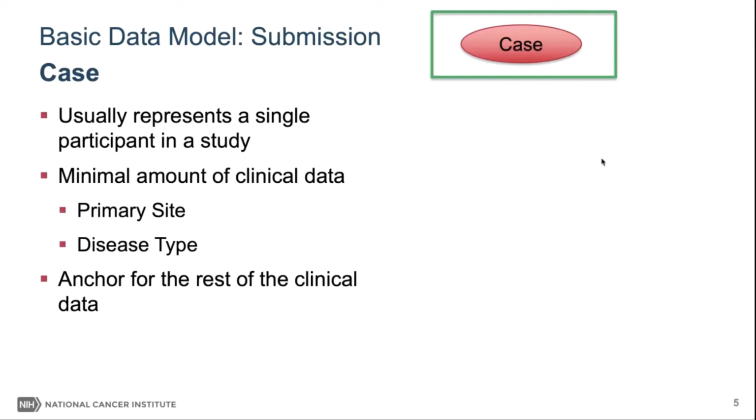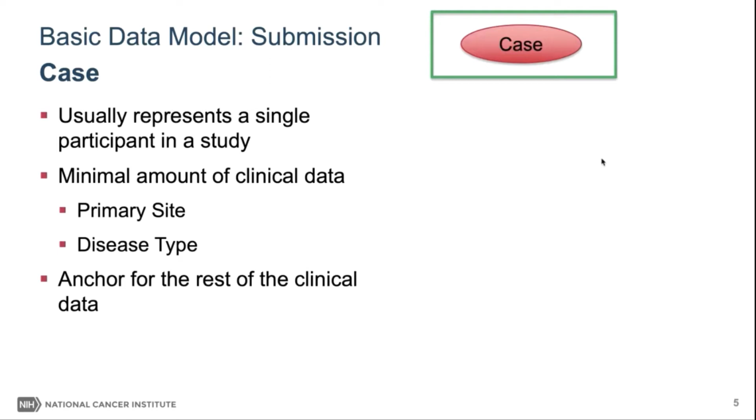The case itself actually contains a minimal amount of clinical data, which includes the primary site, which is the anatomical site where the primary tumor was identified, and the disease type, which is a high-level histological classification of the primary tumor. The case is also the anchor for the rest of the clinical data.